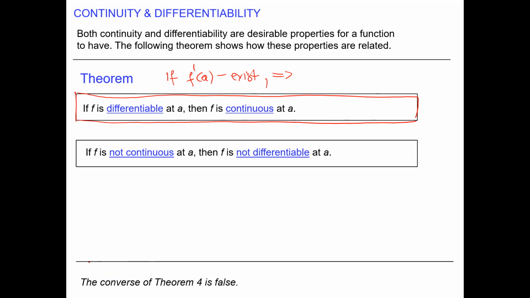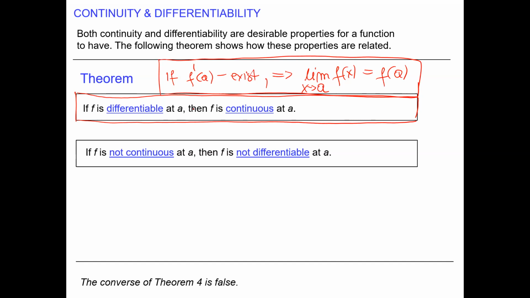If A is in the domain, and the derivative exists, then the limit of the function as x approaches A is the same as the value. That's the definition of continuity. I just stated this theorem using mathematical symbols. If the derivative exists, the function is differentiable, that's the meaning. Then the function is always continuous at A.